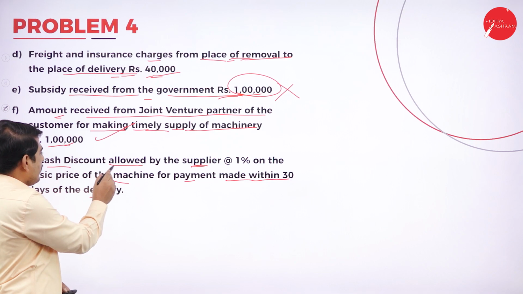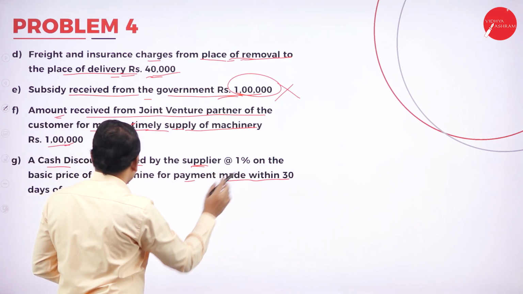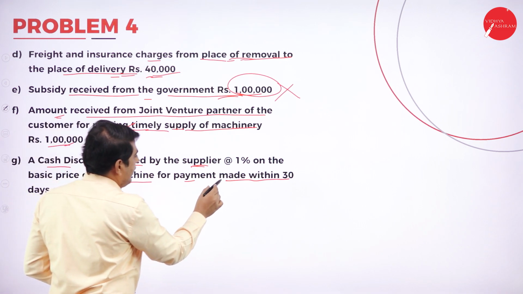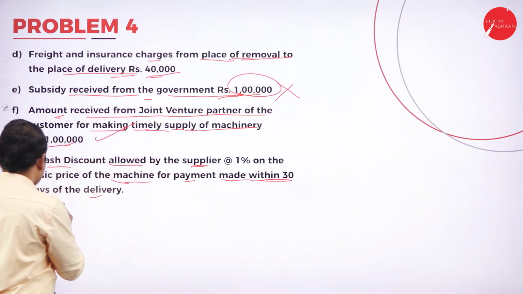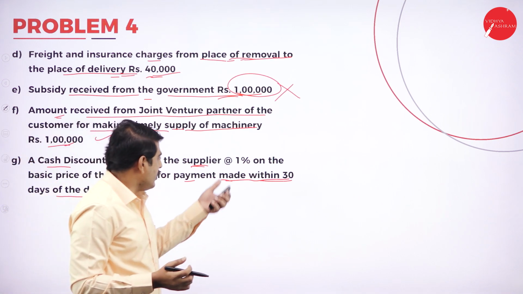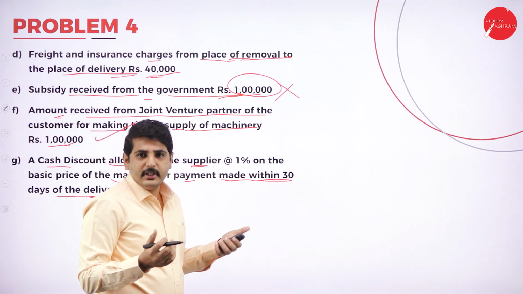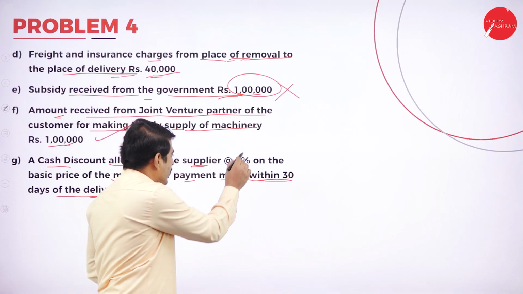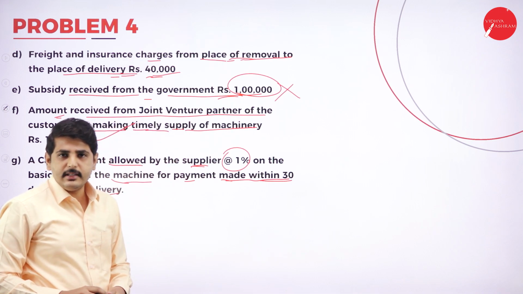See, the cash discount allowed by the supplier at 1% on the basic price of the machine for the payment made within 30 days of the delivery. So once the goods are received, if the recipient of the goods makes the payment within 30 days, he is ready to give a 1% discount.